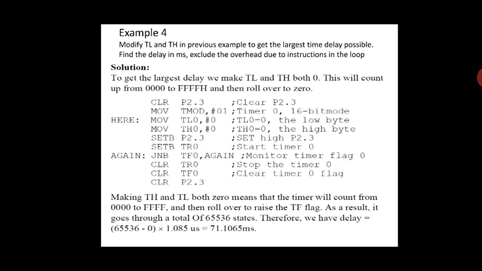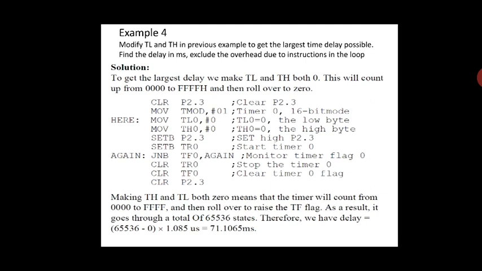SETB P2.3, same program, and SETB TR0, the timer gets started, and we keep on monitoring. How long are we monitoring? Until it raises a 1. When it reaches the maximum value and rolls back, during that time TF0 will be set to 1.